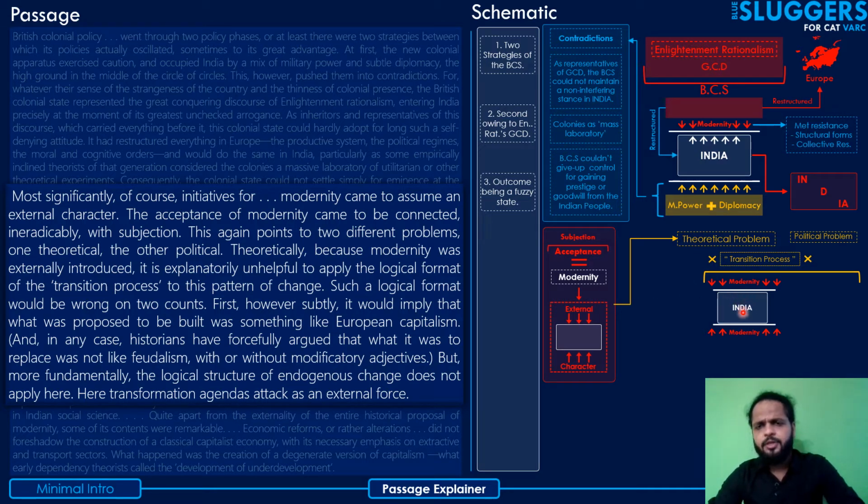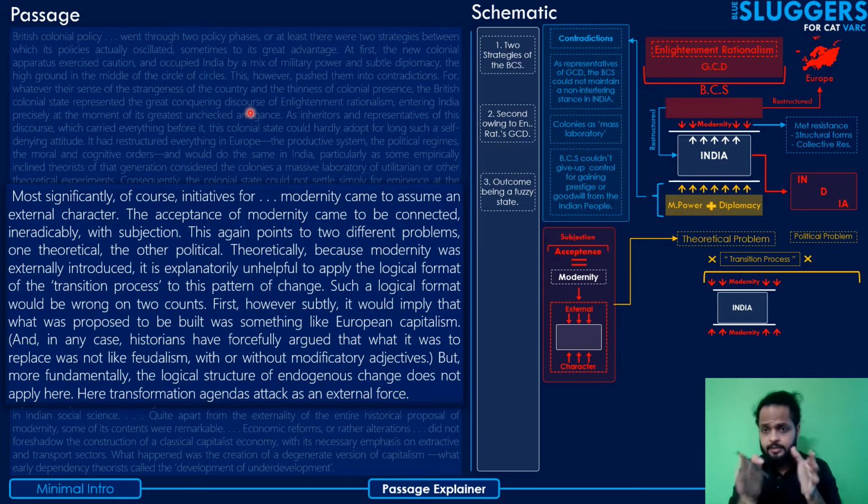He says that because modernity was introduced as an external force, from outside, we cannot apply the transition process to understand the change that India went through here. What he means is that the transition process can only be applied to cases where the change has happened endogenously, or organically by itself, without being subjugated to any external forces.